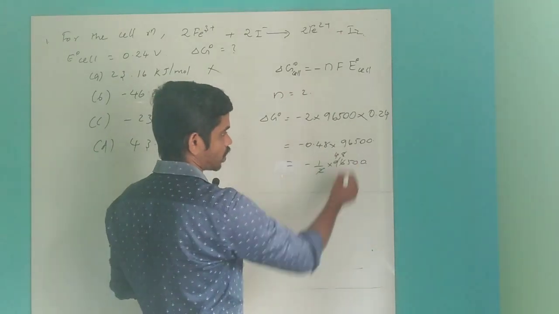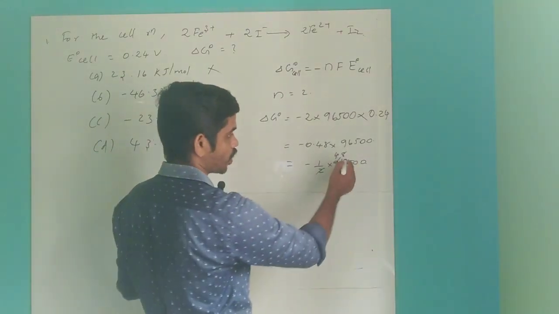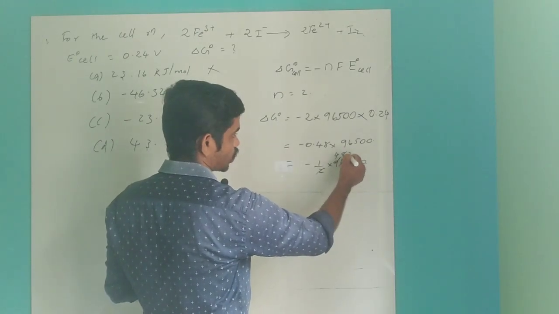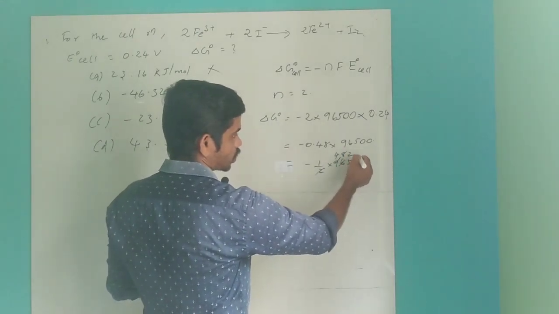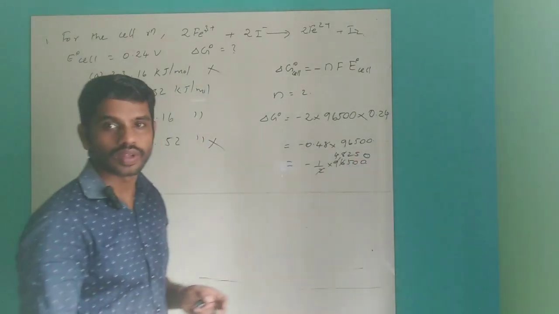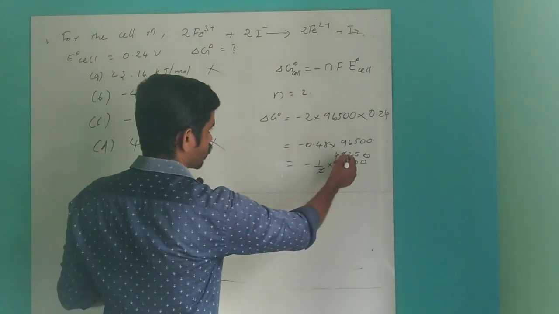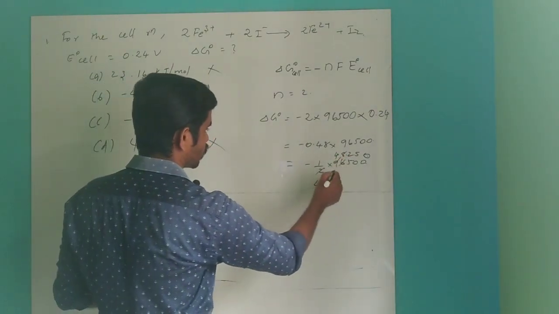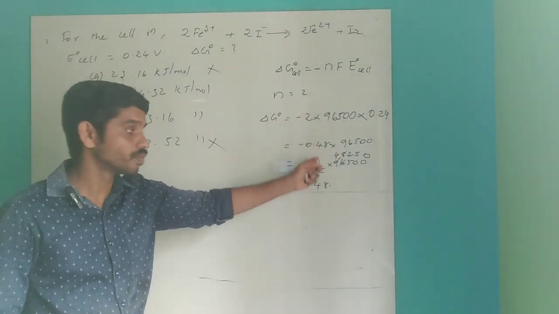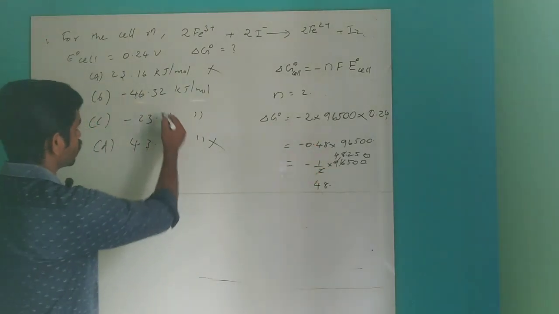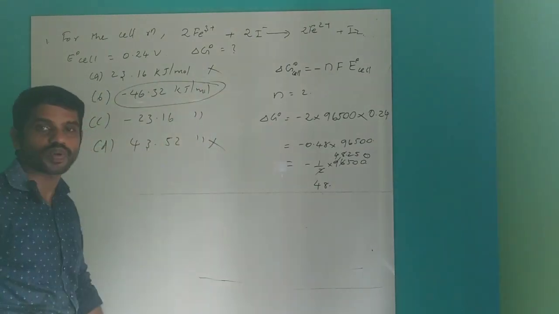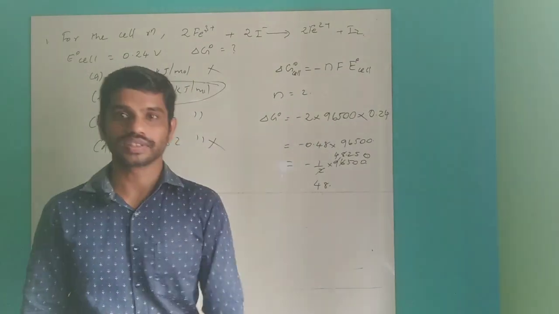It is in kilojoules, so we will get nearly 48. Not exactly 48 because we have taken 0.5, so nearly 46. So option B, minus 46.32, is the right answer.